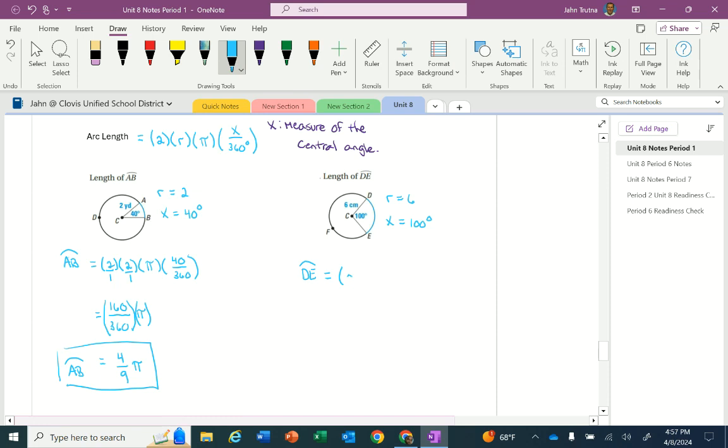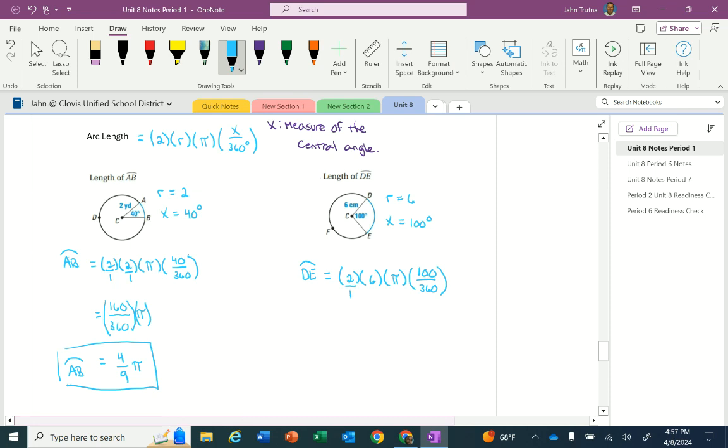So I would multiply 2 times the radius, which is 6, times the number pi, which I represent with the pi symbol, not 3.14, times the fraction 100 over 360. So I'm just substituting in 6 for r and 100 for x into my arc length formula.